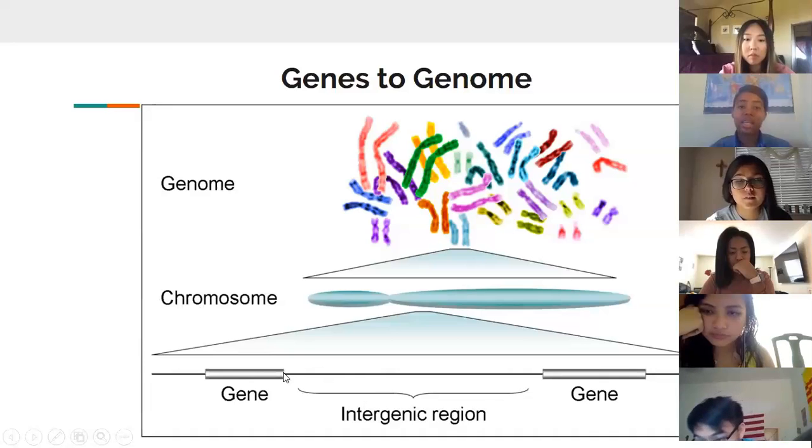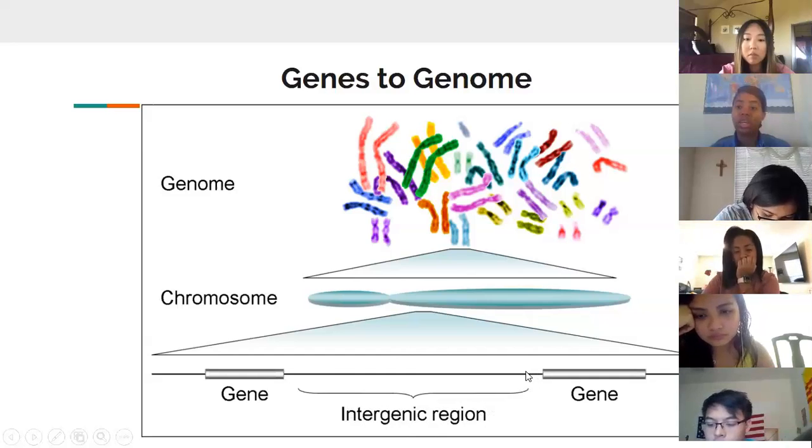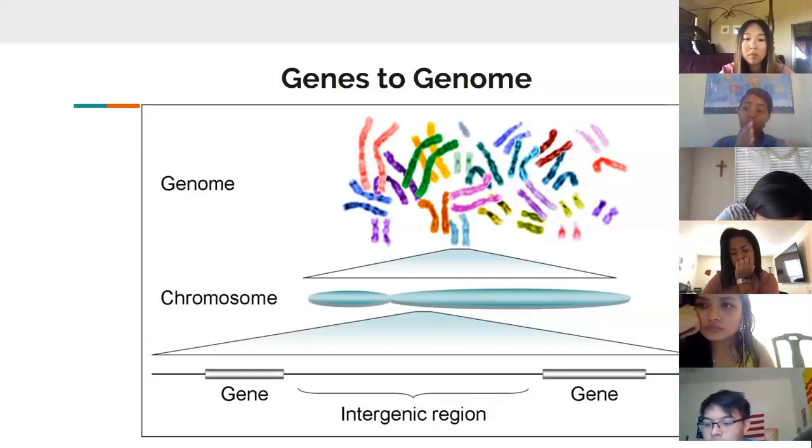The region that is in between the genes is what's known as an intergenic region, right? So in between here, you see gene 1, gene 2, and there's an intergenic region, and so on until you get to the end of that chromosome. The information we can gather from each of these regions is informative because we have what's known as coordinates.